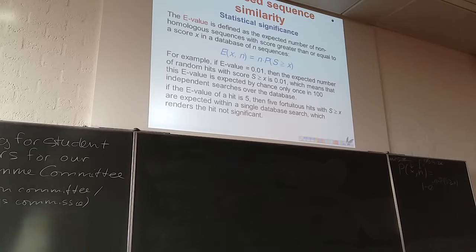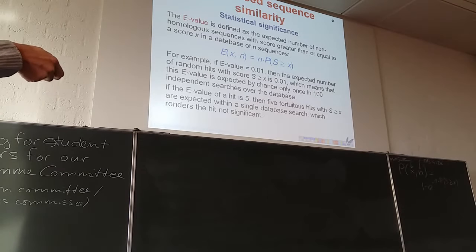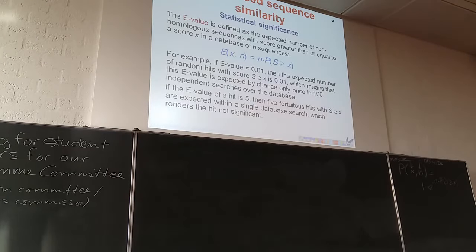You have to think about this, but it is a pointer for later. What happens if you have 100 hits with an e-value of 0.01 in your results?